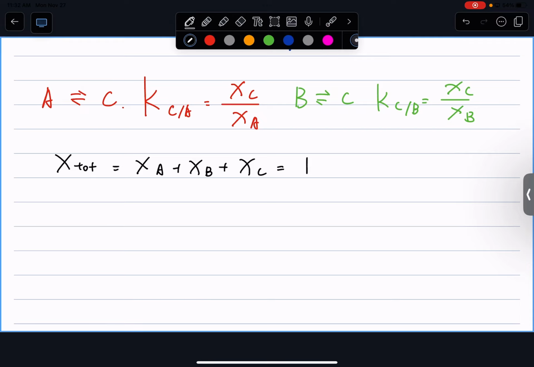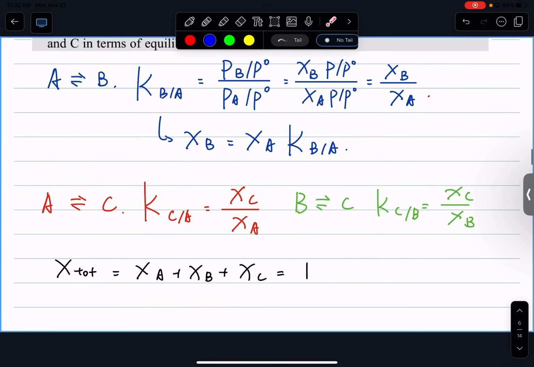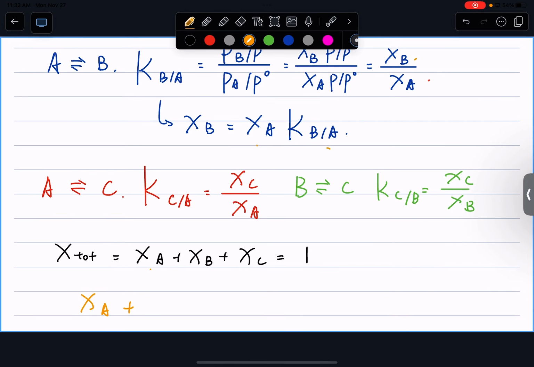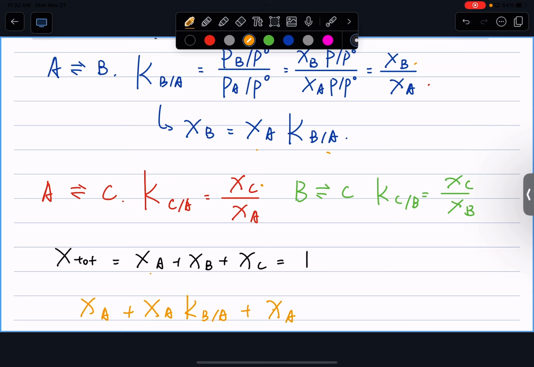So with that in hand, now your chi A here becomes, if we keep the chi A here, we have chi A plus chi B, which equals chi A times K BA, plus here your chi C, which equals your chi A times K CA.